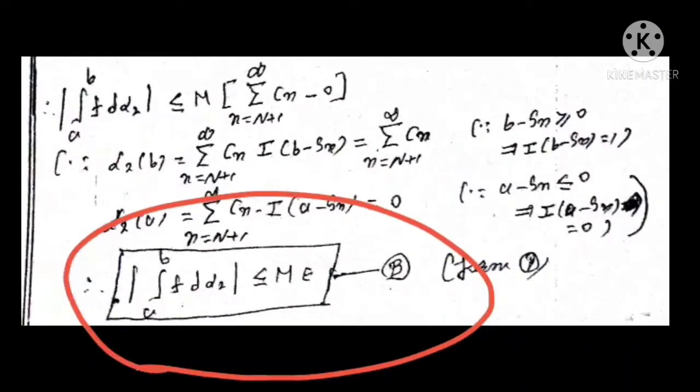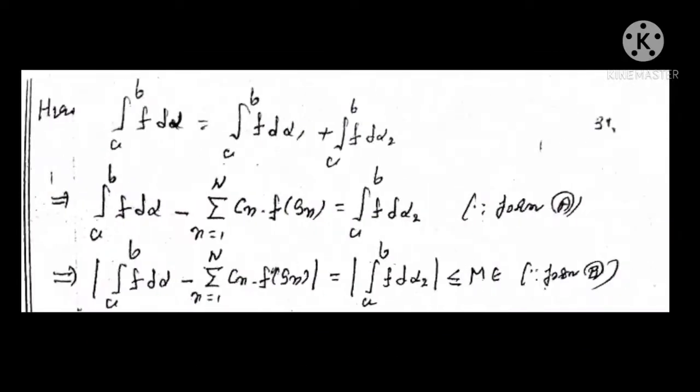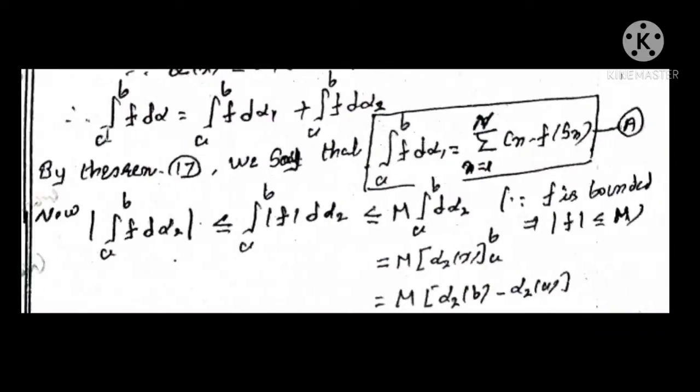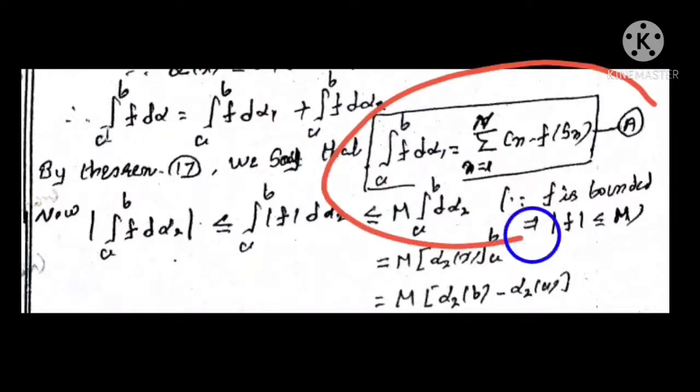Now the RS integral of f with respect to alpha on [a, b] is equal to the RS integral of f with respect to alpha 1 on [a, b] plus the RS integral of f with respect to alpha 2 on [a, b]. Now the RS integral of f with respect to alpha 1 on [a, b] is equal to the sum from n equal to 1 to N of Cn times f of Sn.